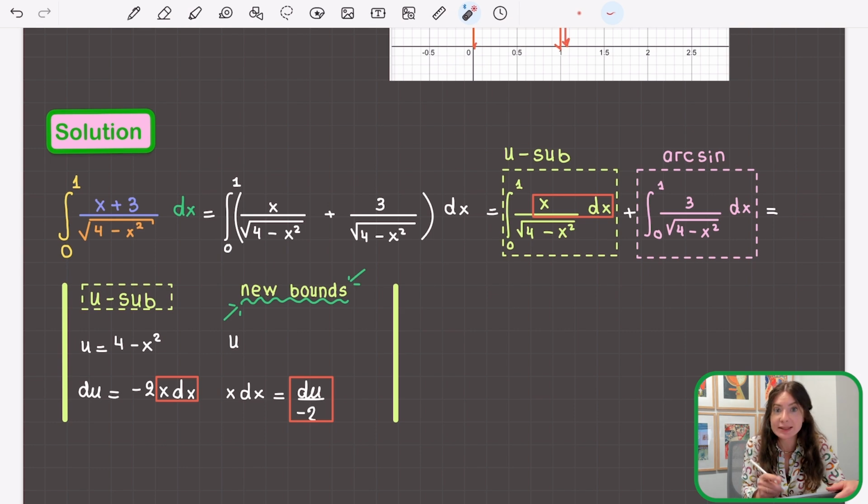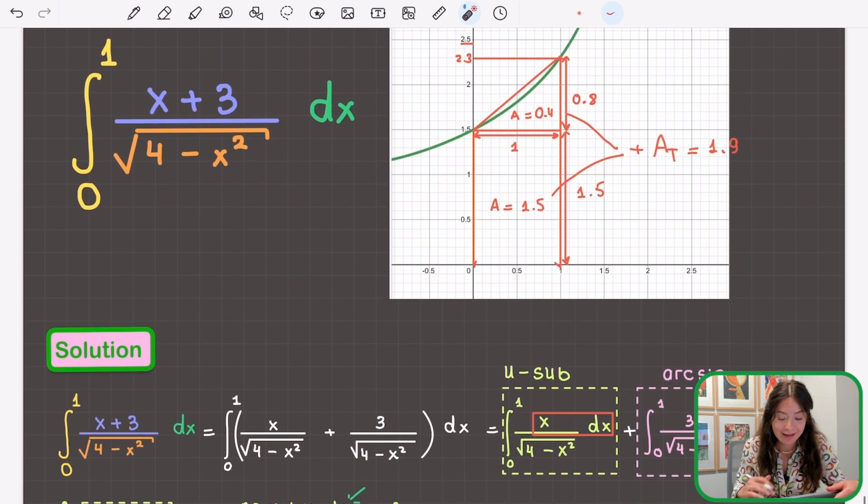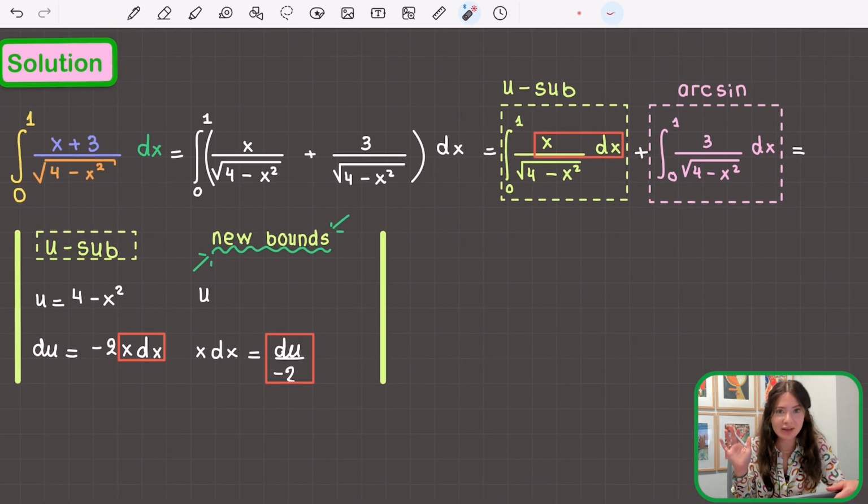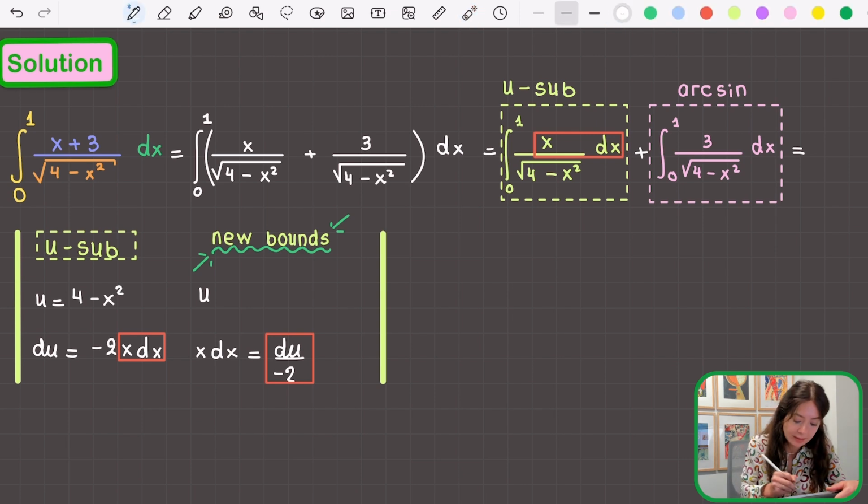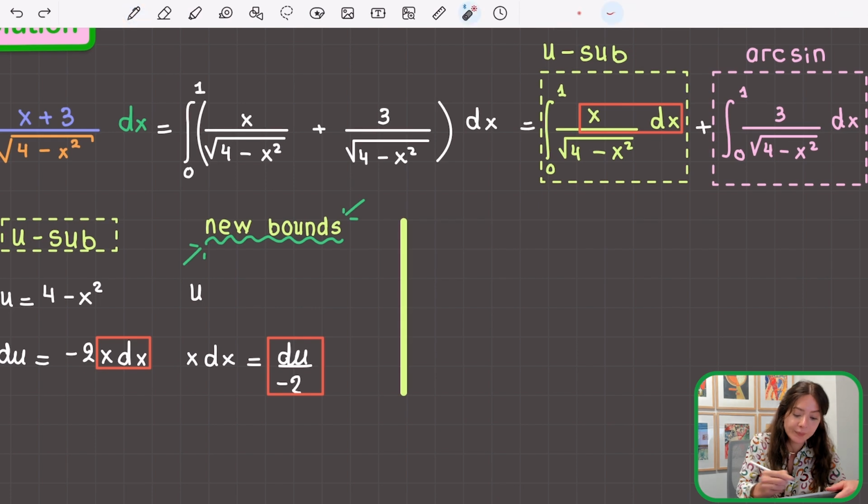My answer is going to be a scalar quantity, just a number. I'm calculating area, so I'm not going to have any variables, and I don't worry about going back to the original variable. It is simplest to change the boundaries and never go back to this original expression.